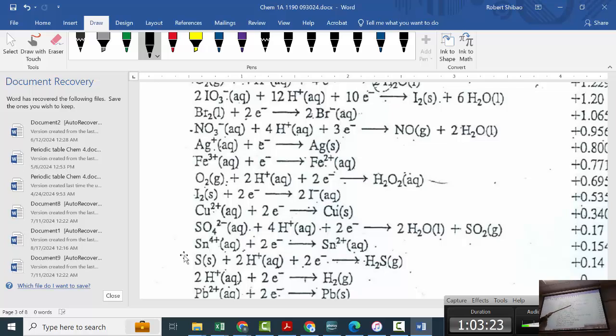We don't expect any reaction here because that would be uphill, right? But what if we take iron 3 and react it with iodide? Will that react? Yes, iron 3 and iodide should react. So let's take a look at the lab.